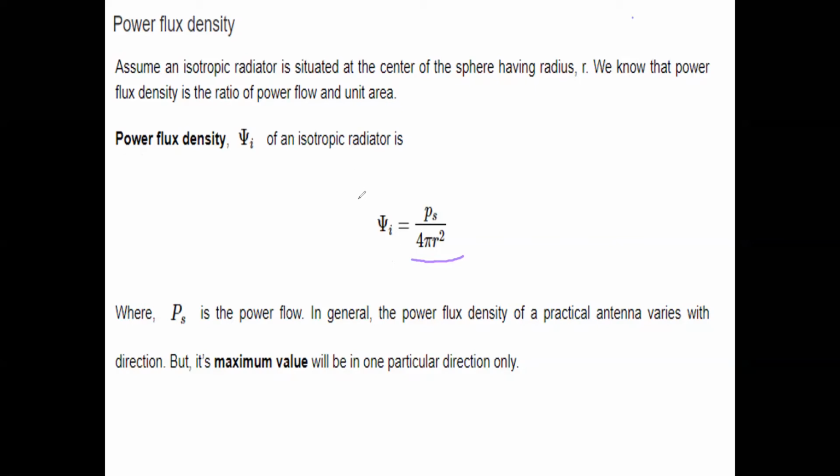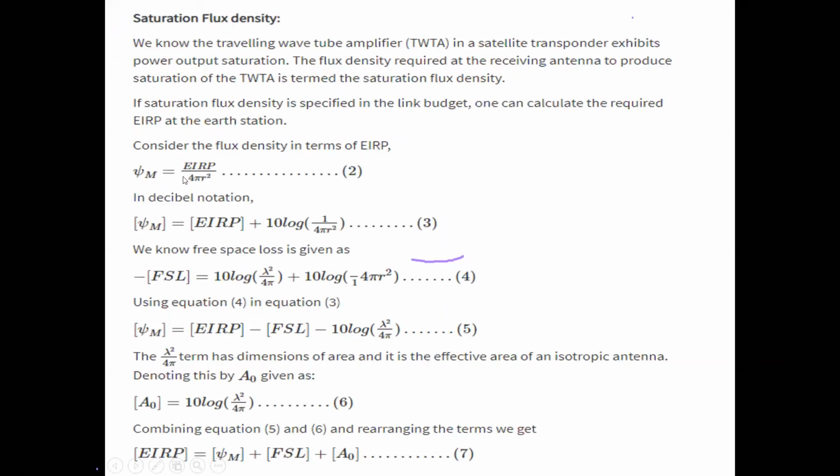So once we are not specified the sensitivity or the power being transmitted or received by the antenna, but the power flux density, we need to rewrite our expression of C by N in terms of flux density. The flux density, the power being transmitted, that is the PT-GT.